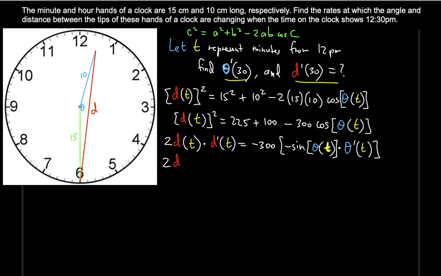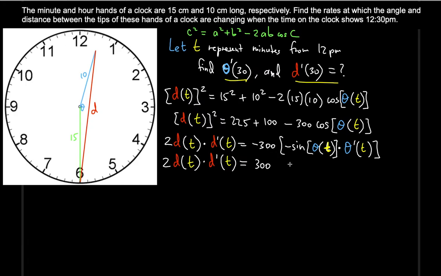2 d of t times d prime of t, and I really want to use these colors, so be patient, just to make it easier, because this is not an easy problem. So this will be what? This will be positive, right?